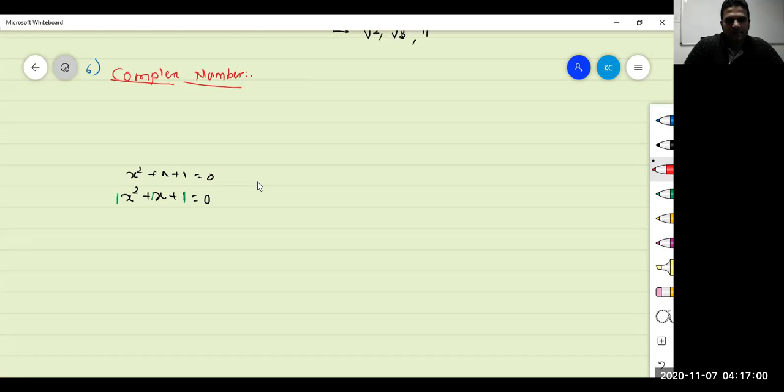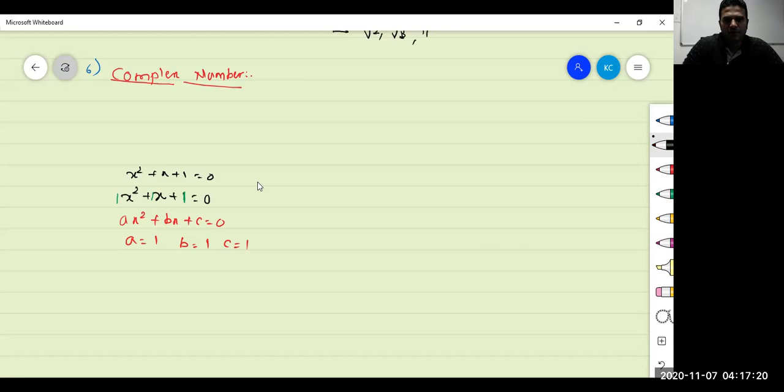ax square plus bx plus c equal to 0, then you will get a equal to 1, b equal to 1, and c equal to 1. Are you getting the point? And then we will see that if the factors are not possible, then we will use the formula.